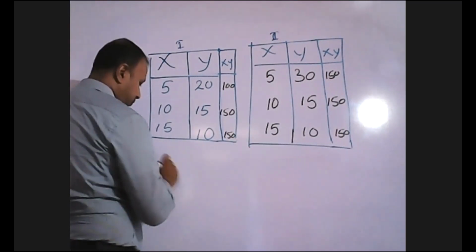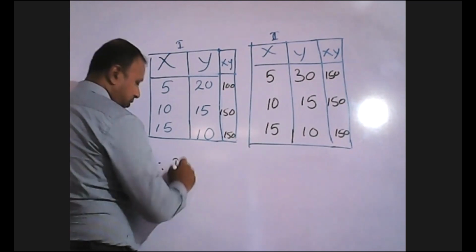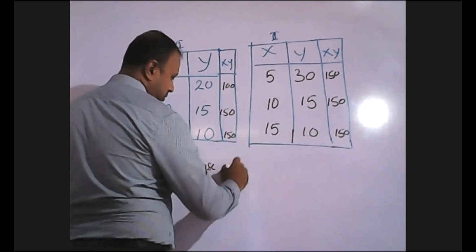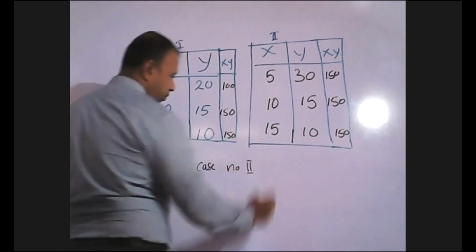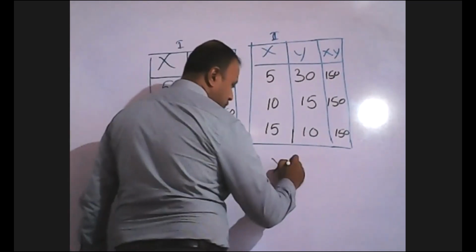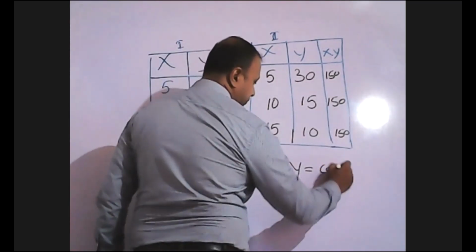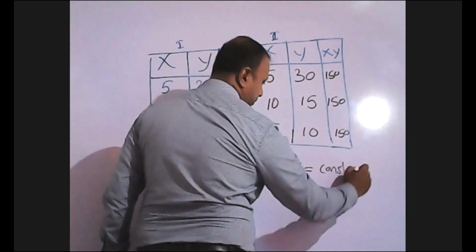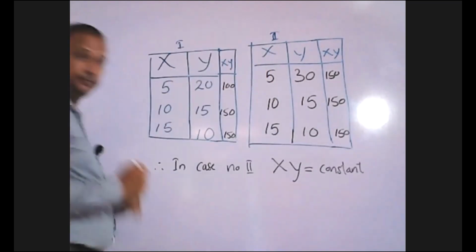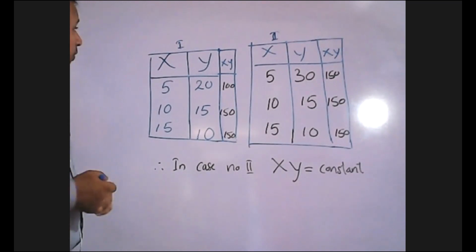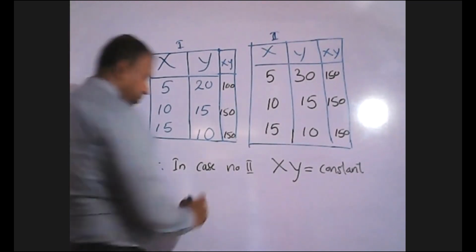So therefore, in case number 2, the X, Y product is a constant. That means in case number 2, they are indirectly proportional.